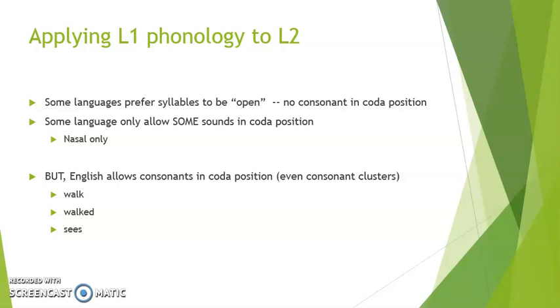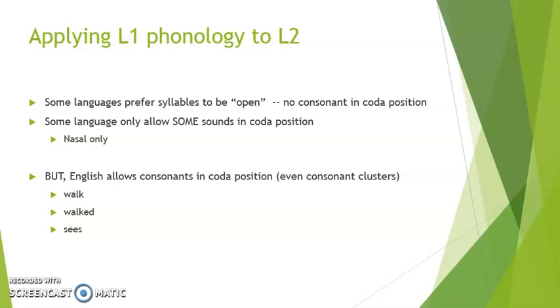So the phonological patterns of a learner's L1 can have an influence on the language performance when speaking in an L2. And we call this an accent, but I want to caution us that it might also look like errors sometimes.